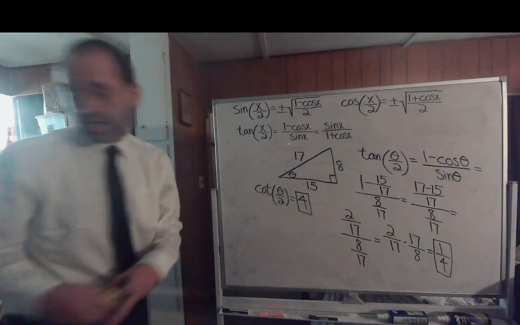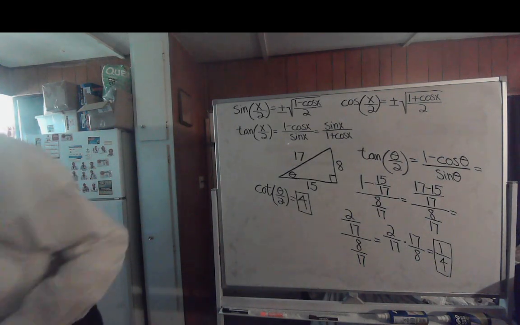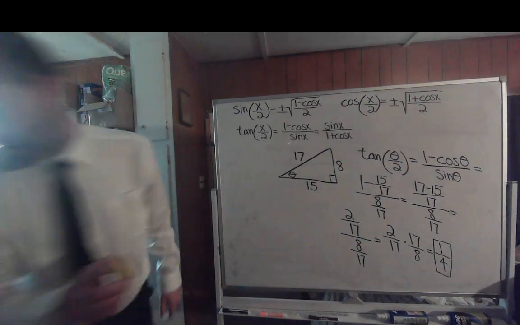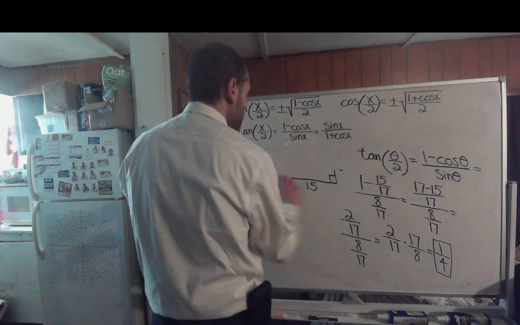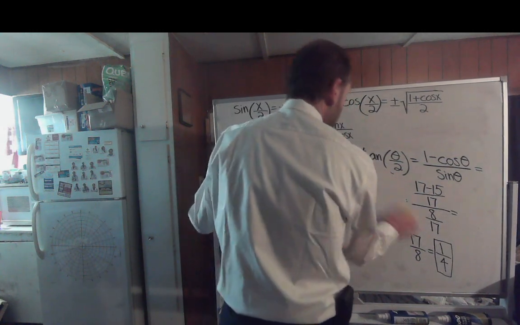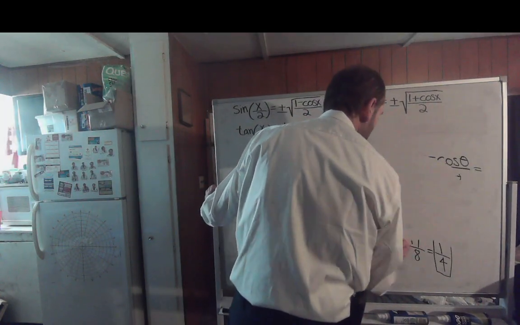All right. So there is that. Now let's do some exercises here where let's build some triangles. Let's build some 30, 60, 90, and 45, 45, 90 triangles because we're definitely going to need them.